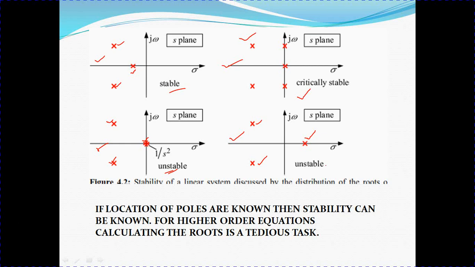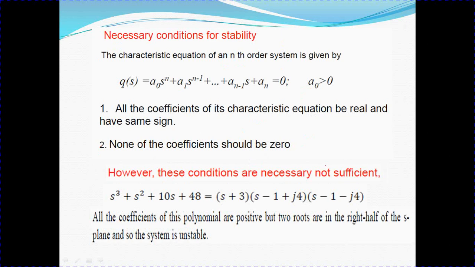So hence we must find a way to assess the stability without actually calculating the location of poles, and that can be done by using the Routh's criteria. For Routh's criteria, 2 necessary conditions are there for stability and one sufficient condition is there.